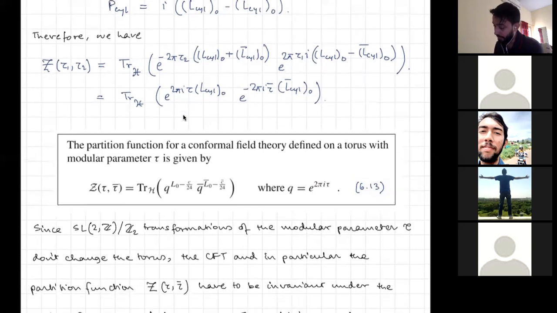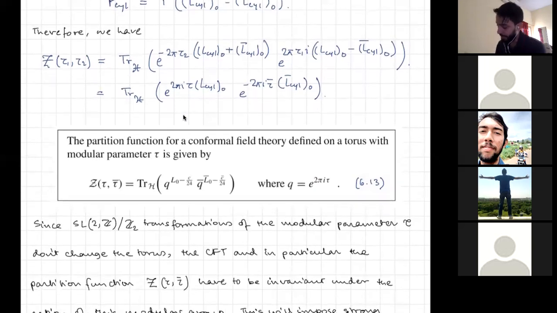Now, let me just drive home this particular message once more to you. SL(2,Z) by Z2 transformations of this modular parameter tau do not change the thing that you're on. So the torus is unchanged by it. So the CFT will also be unchanged by it.